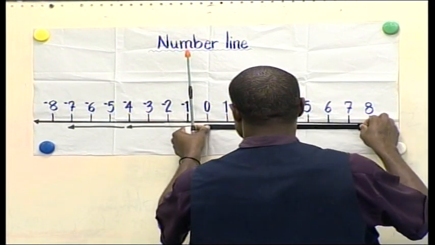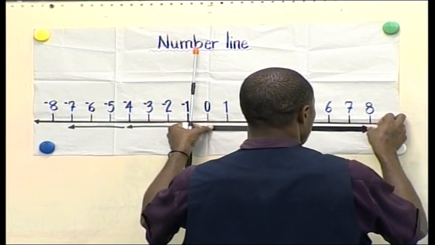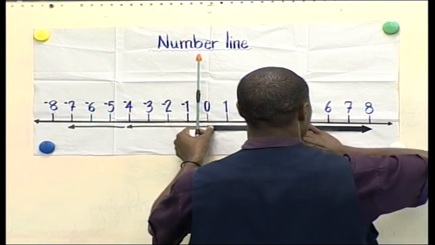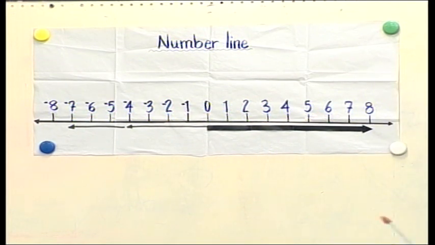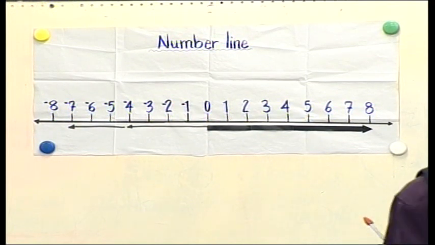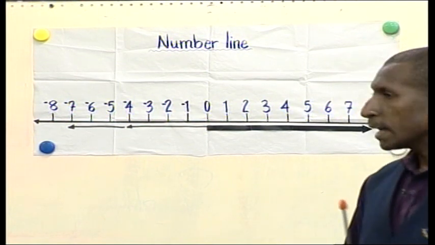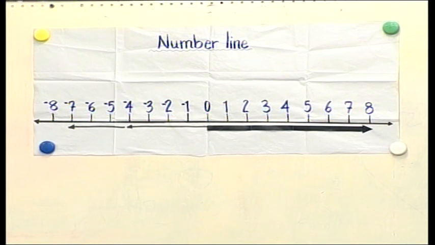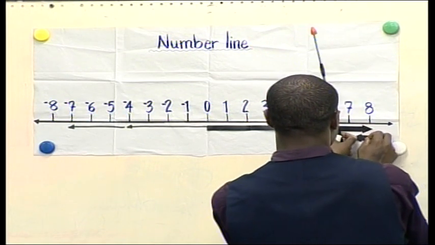So we are starting from 0 and moving positive 8, plus negative 1. Negative 1, arrow should be going towards which direction? Left. So where should we start from? 0 or positive 8? We start from positive 8 and then move one place towards left direction.